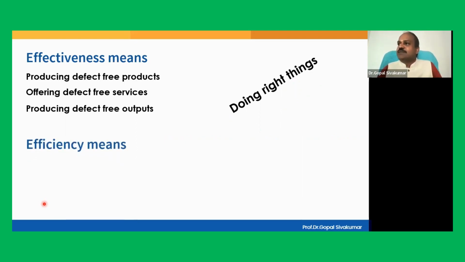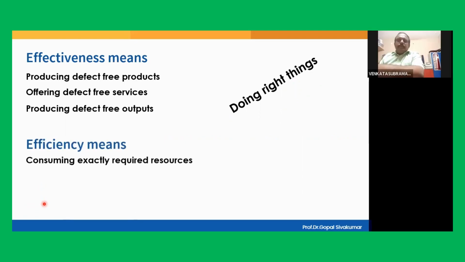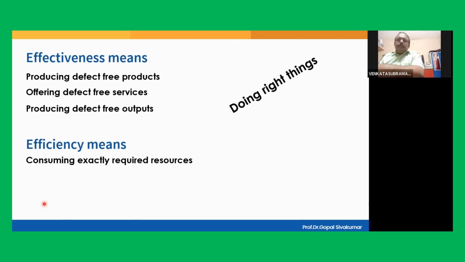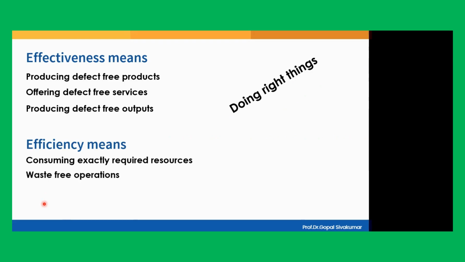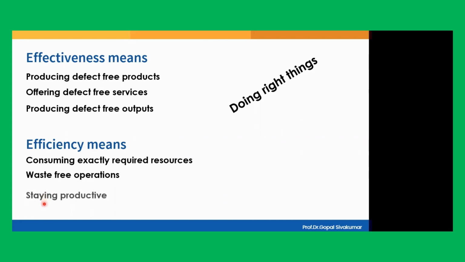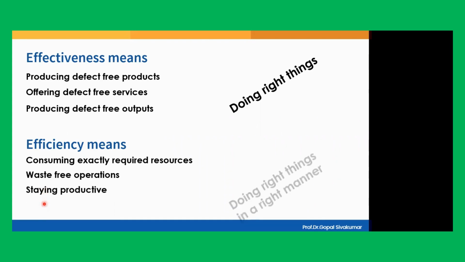What is efficiency? Reduction of waste. Optimizing the resources. Yes, consuming only exactly the required resources. Waste-free operations. Your people are not involved in any unproductive activity. 8 hours, they stay productive throughout.